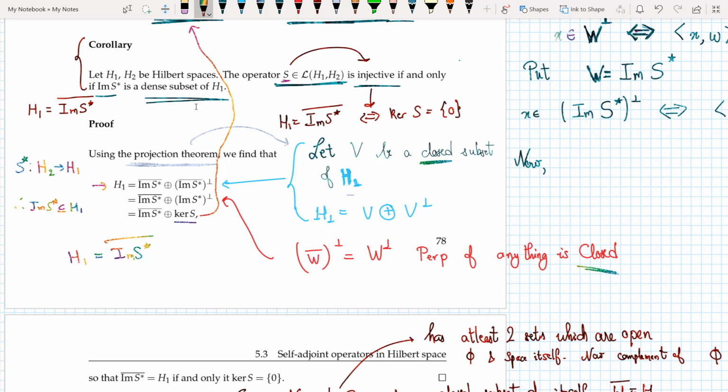So I closed the image of S star. Then I did this operation, and this operation, and this operation. And from here, I can say that the operator is injective if and only if the kernel of S is 0. And if the kernel of S is 0, then H1 is equal to the closure of the image of S star. So the image of S star is a dense subset of H1.